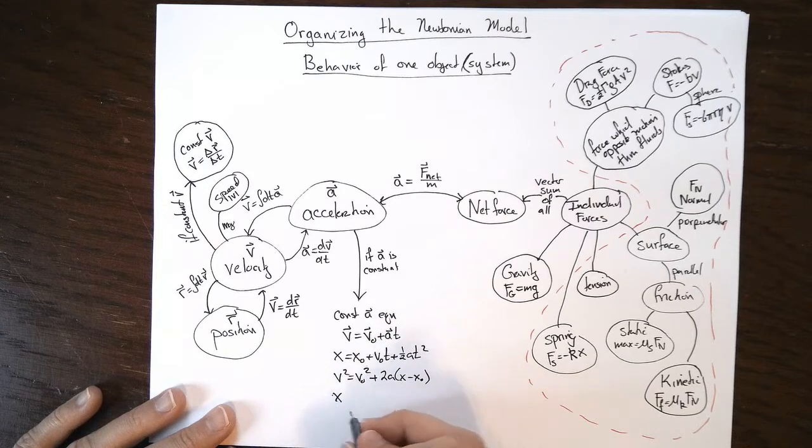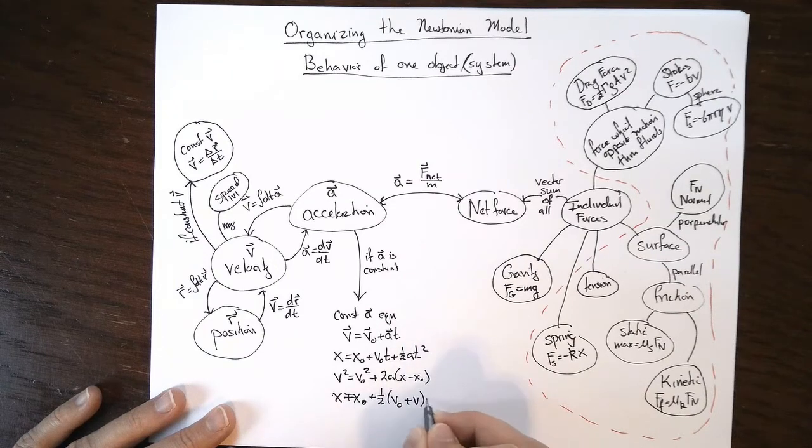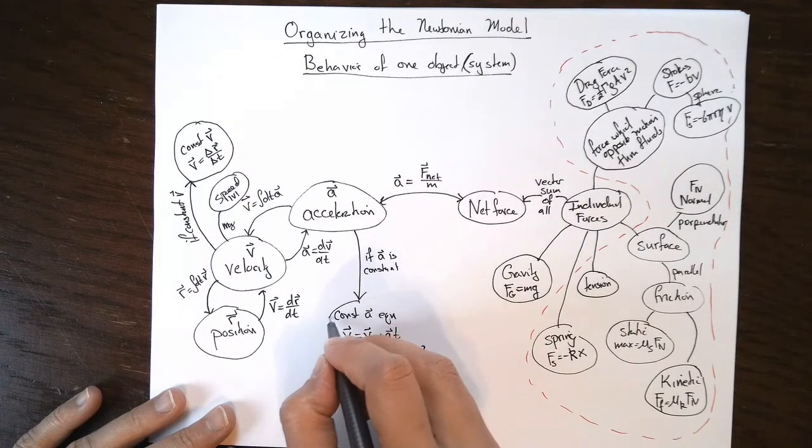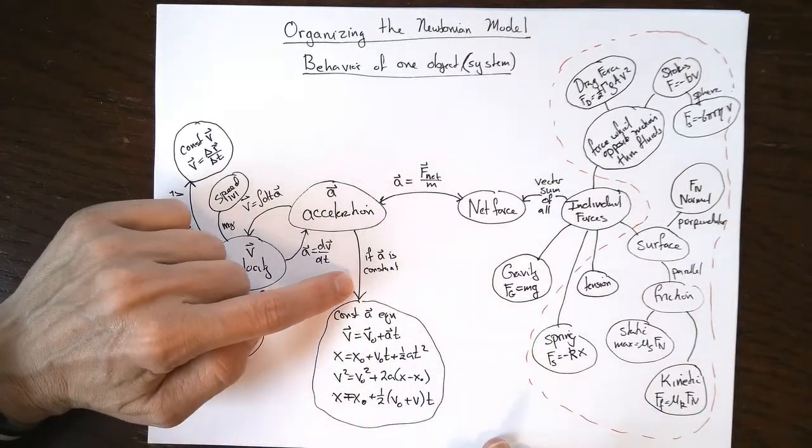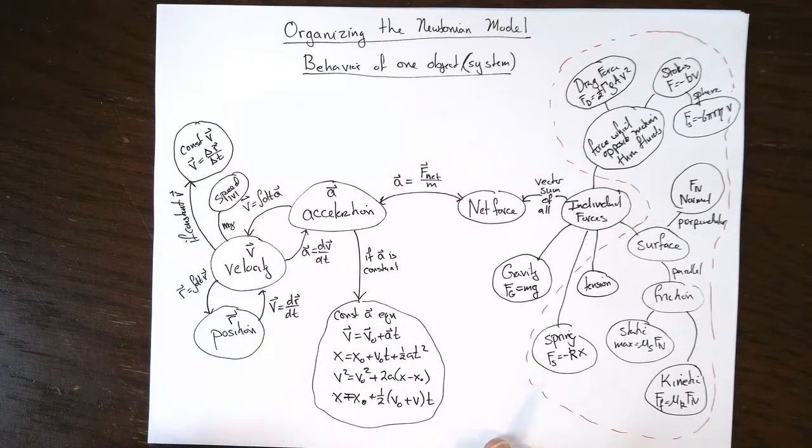Or you could also do the final position equals the initial position plus 1/2 the initial velocity plus the final velocity times time. All of those are fine to use if we have a situation where the acceleration is constant.